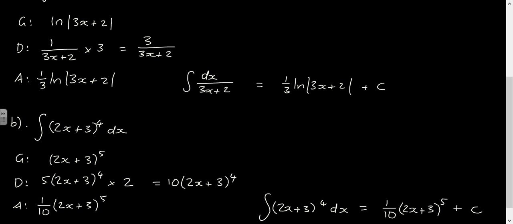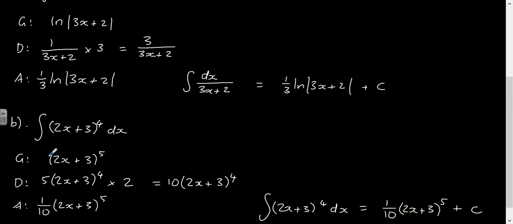Now, if you were predicting that you'd divide by 2, we didn't divide by 2, and this is the exception to that rule. When you have a function in a bracket raised to a power, you need to take into account dividing by the new power. What I could have done in my guess was use the principle that you add 1 to the power and divide by the new power.